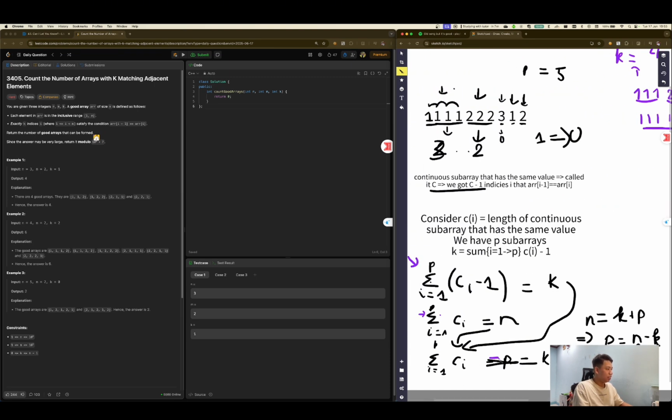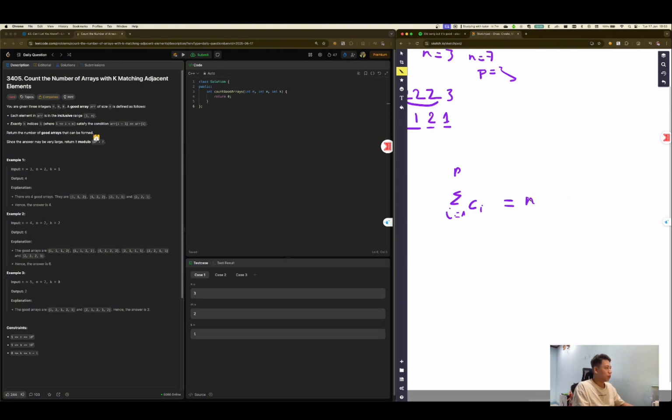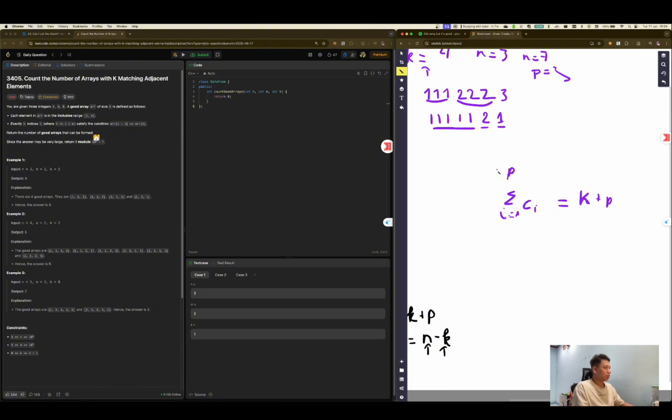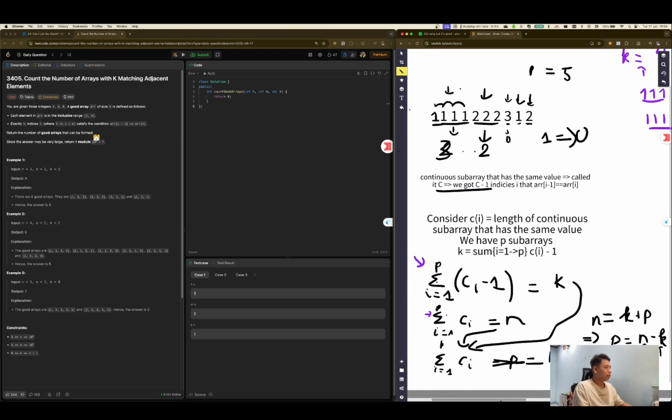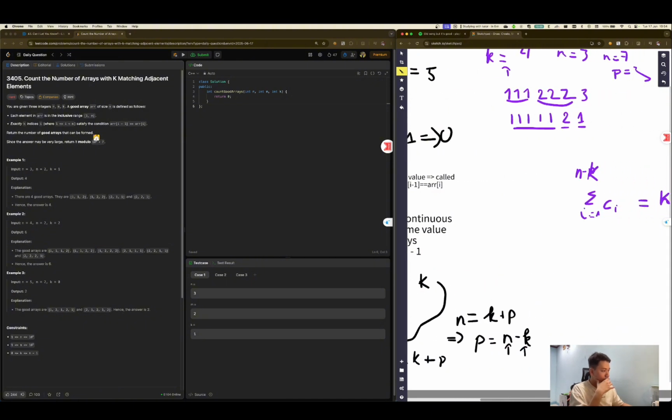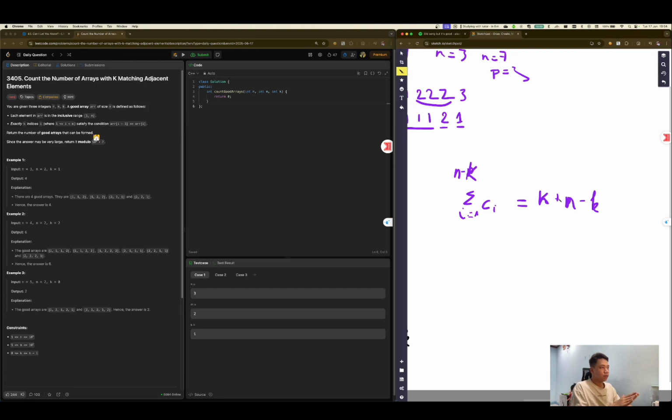So this is equal to k plus b, as I proved before, and p is equal to n minus k, so we can write n minus k. Sorry, we convert from one side to the other side, so it might be minus.